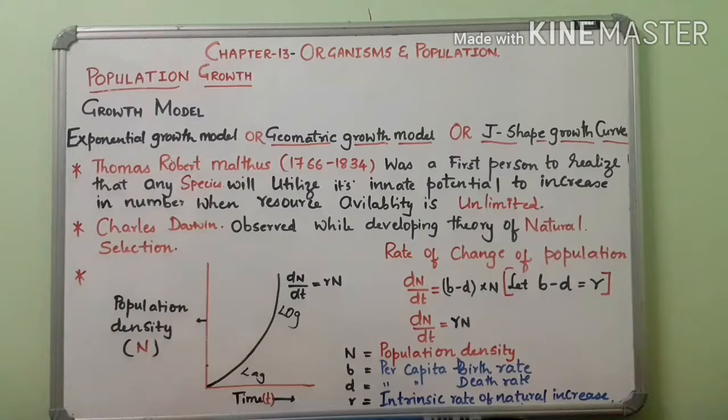Initially the fruit flies are only two. After a few days, in each reproduction, the fruit fly lays 50 eggs. When resource availability is high, the fruit flies increase enormously in number, because every female will lay 50 eggs.